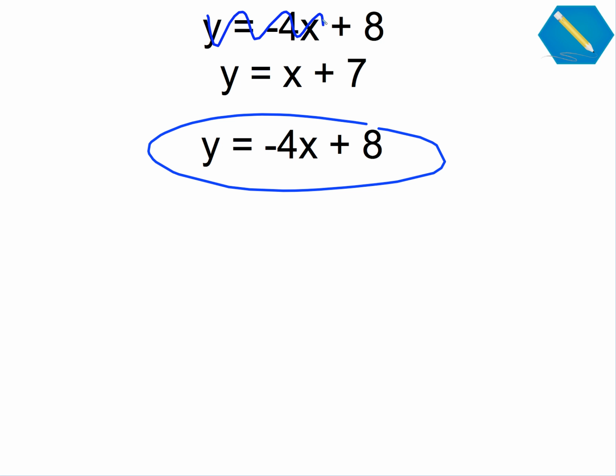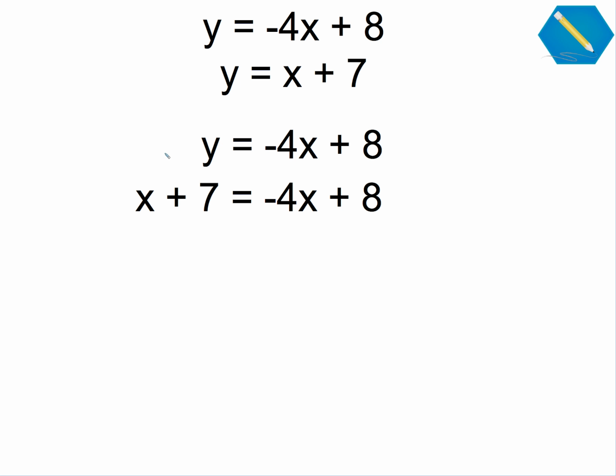So ignore this equation for now because that's the one we're using down here. In the second equation, it tells me that y is equal to x plus 7. That literally means that I can substitute in x plus 7 in place of y because that's what y is equal to.